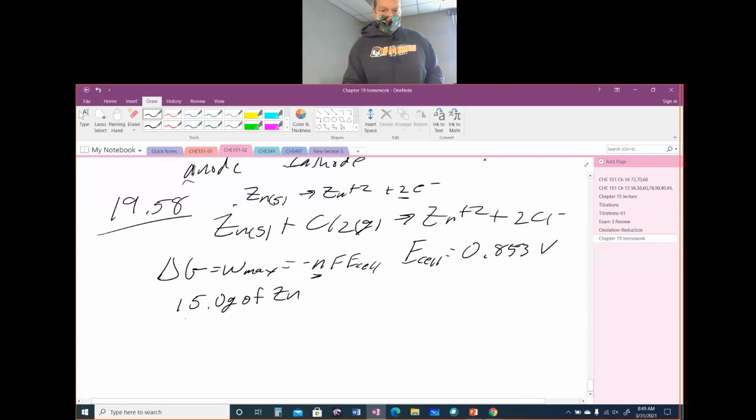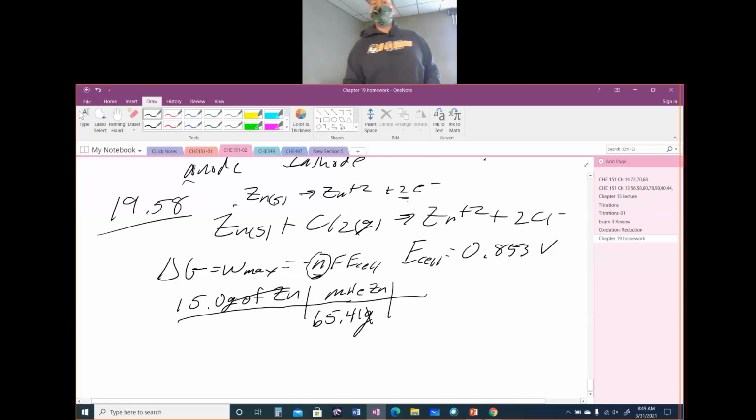All right, so we have to convert our grams of zinc into moles of electrons to plug it into our equation here. So you have your mass of zinc, you look at the periodic table, you get your molar mass of zinc, 65.41 grams per mole of zinc. So the grams of zinc cancel the grams of zinc. We don't want moles of zinc.